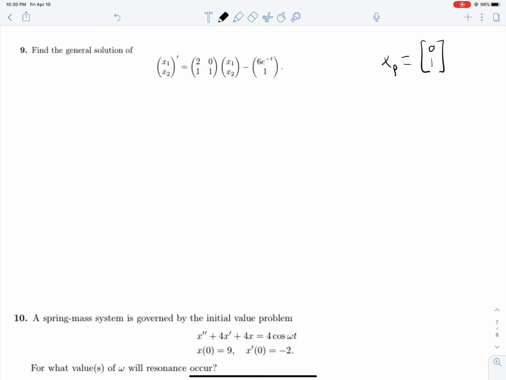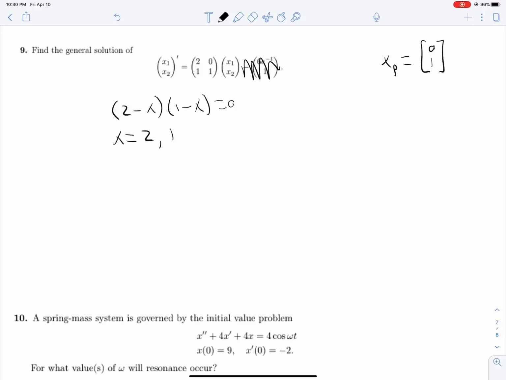Well, in this case, it's really not the characteristic equation yet, but the homogeneous equation. So let's get rid of this guy entirely and solve here. So we have 2 minus lambda, 1 minus lambda is equal to 0. So lambda is equal to 2 and 1. Not sure why that was so hard for me right there.